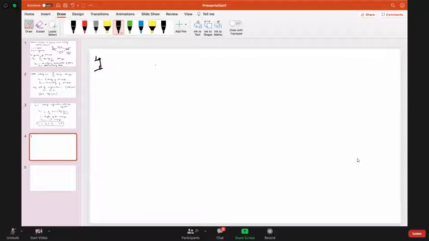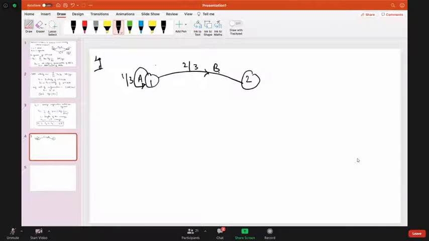All right, so the question is as follows. You have state 1 and you have state 2. When 1 comes back to 1, the transition probability is 1 by 3 and symbol A is emitted. When 1 goes to 2, a symbol B is emitted and the probability of transition is 2 by 3.